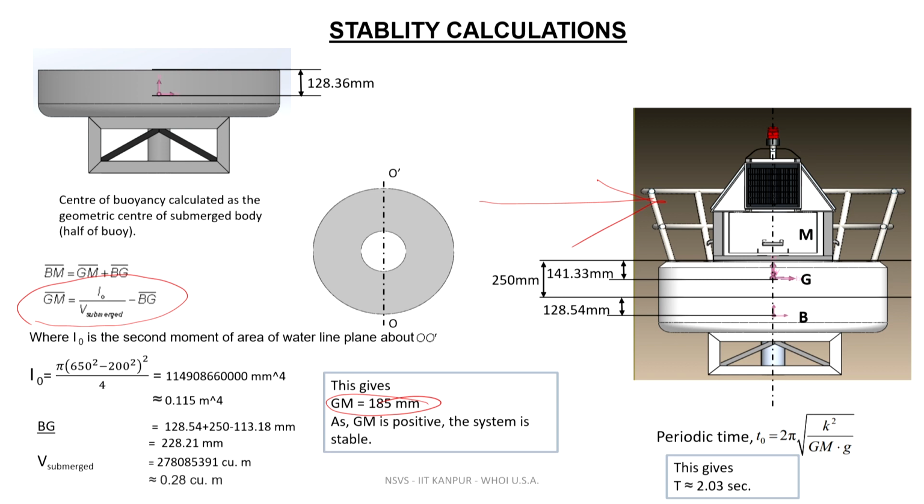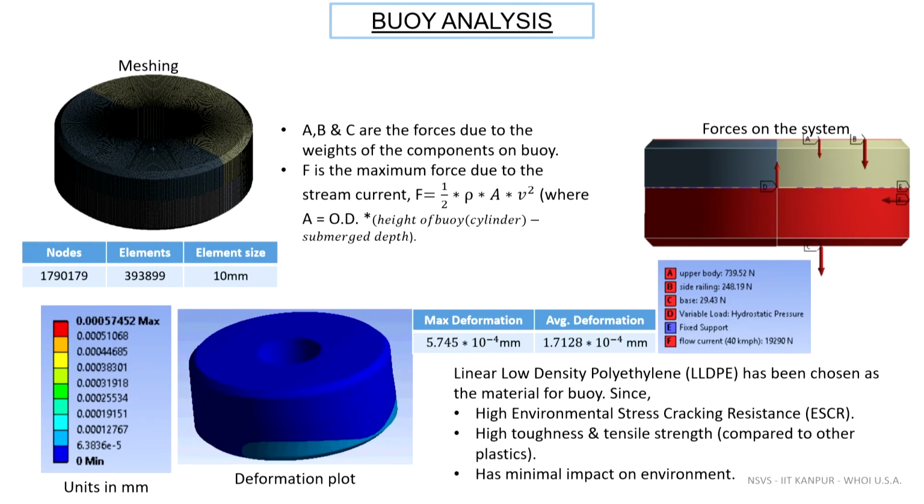Another thing that we also have to see is that if I vibrate the system a little bit, how long does this oscillation continue, how long does it take to come back to a normal static position, and that also has to be as low as possible. In this case it came out to be about 2 seconds.